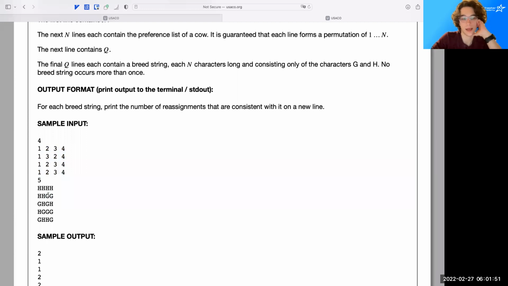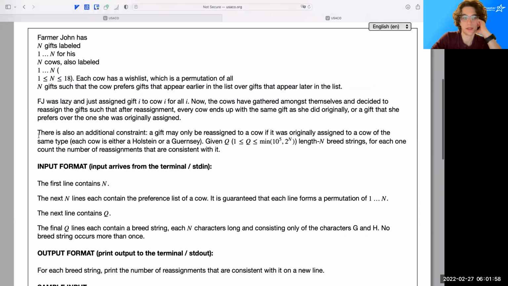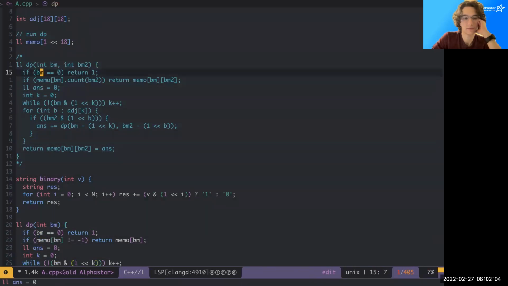So we're looking at, I feel like it has to be some sort of DP on a single bit mask, but this is the original we had, right?